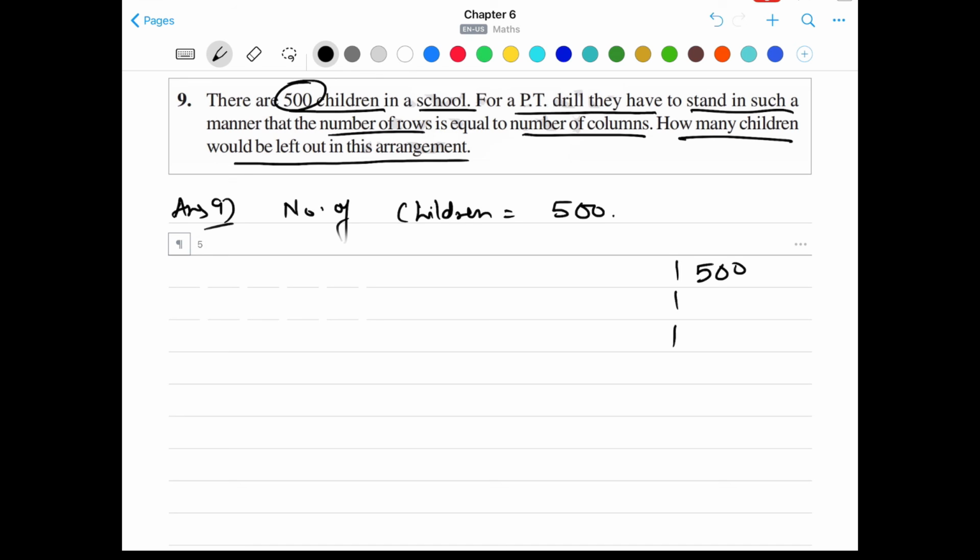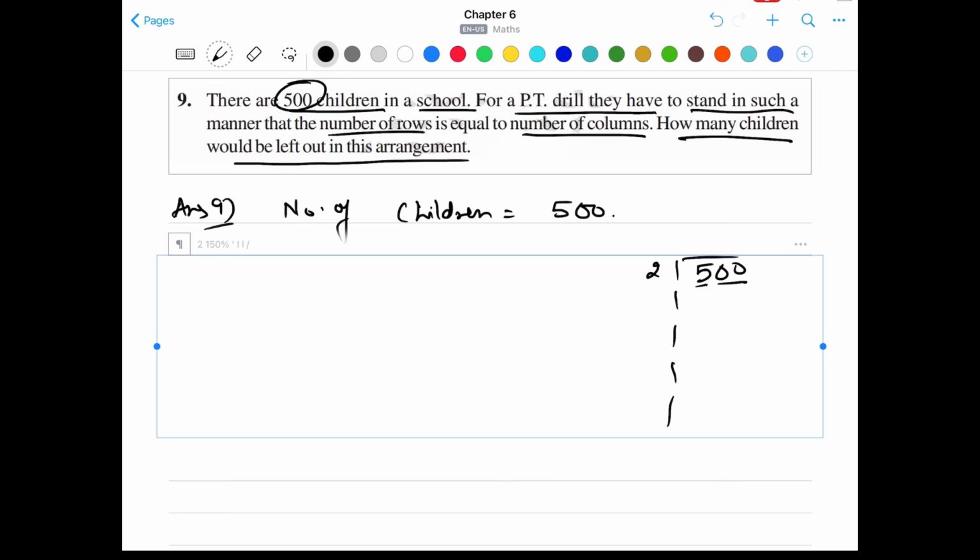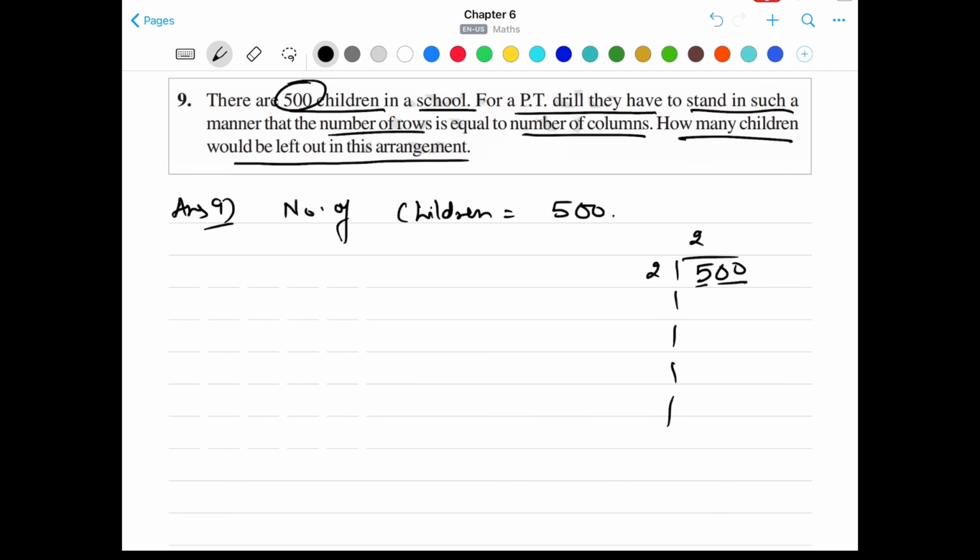Write the number here, one line to the right of it, one on the upper side. Make pairs of digits from the right-hand side. So we have 00 and a single digit 5. Clearly we need to multiply 2 into 2 to get a number less than or equal to 5. So 2 into 2 is 4. When you subtract them, you will get 1.